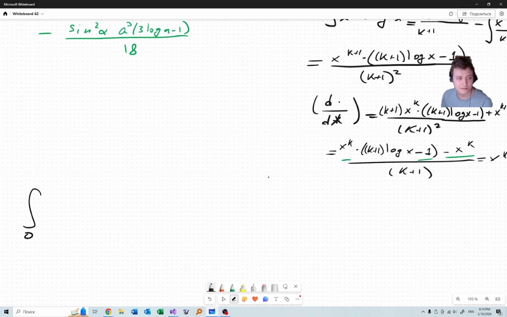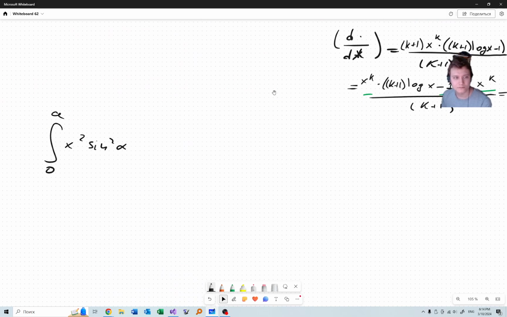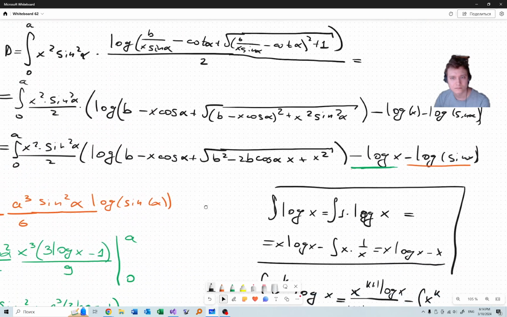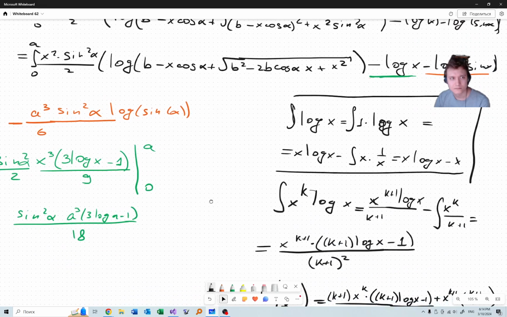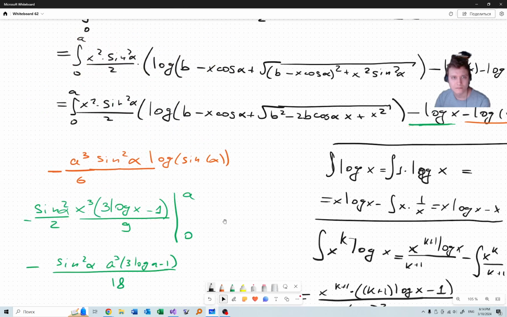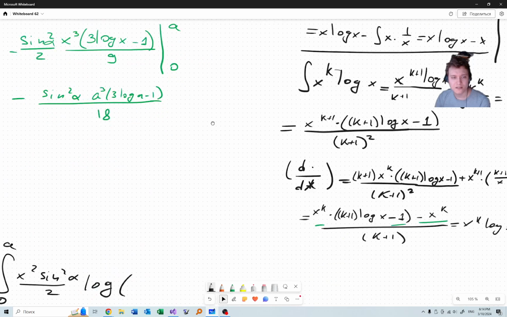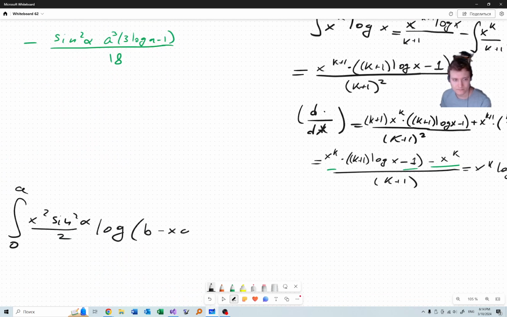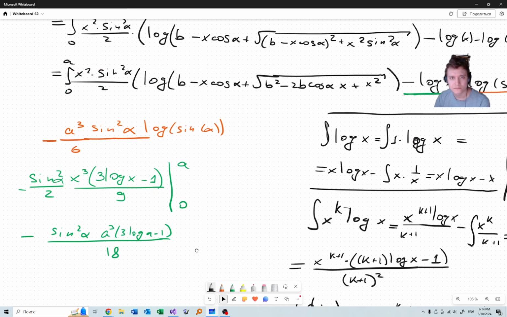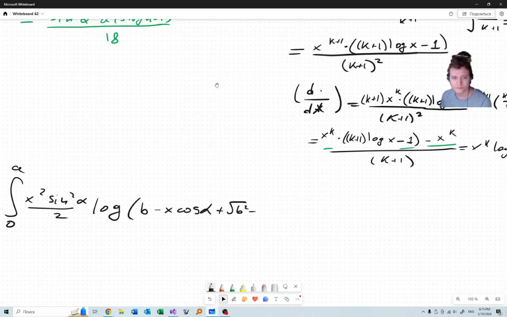Let's rewrite it. x squared sine squared alpha over 2 times logarithm of b minus x cos alpha plus square root of b squared minus 2b cos alpha x plus x squared.